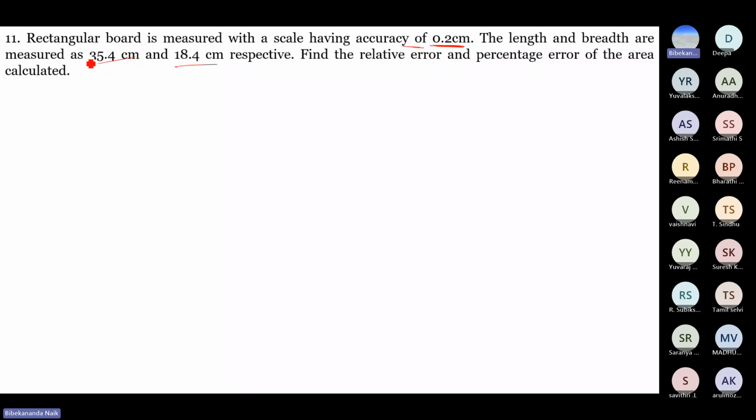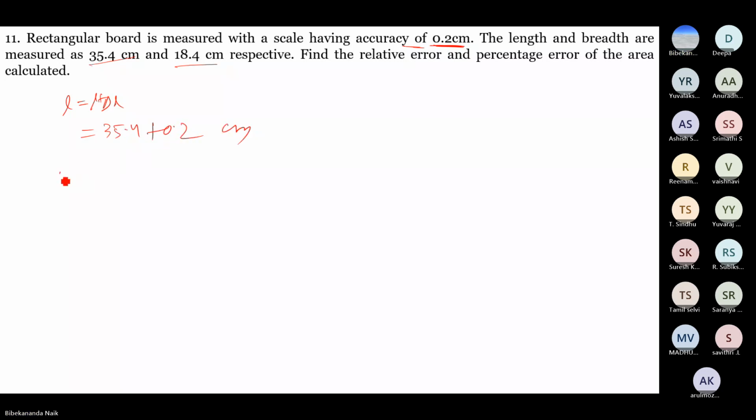So for both calculations, if L is L plus delta L, it will be 35.4 plus 0.2 centimeter, and width is W plus delta W, which will be 18.4 plus 0.2 centimeter. So this 0.2 will be the error in both L and W because the scale has accuracy of 0.2 centimeter. So the minimum uncertainty is 0.2 here.